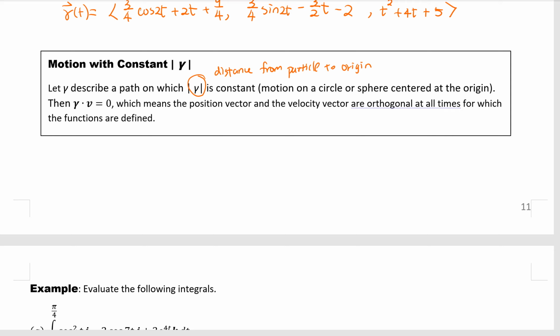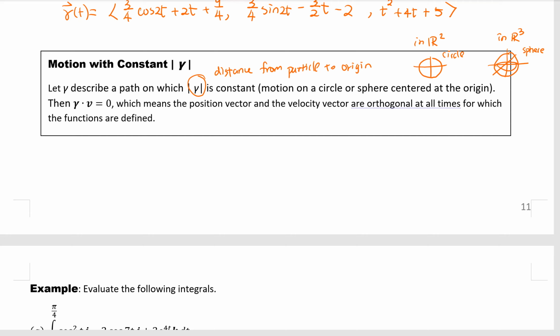What does that mean? Well, in R2, your particle is moving on a circle. Do you agree? Because the distance from the point to the origin is constant, then you're moving on a circle. In R3, what can you say? In R3, we're moving on a sphere, right? Because the distance from the points to the origin is the same. So we're moving on a sphere. Okay, so what do we get?